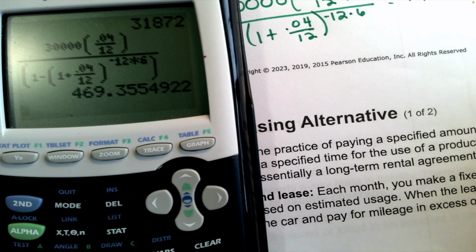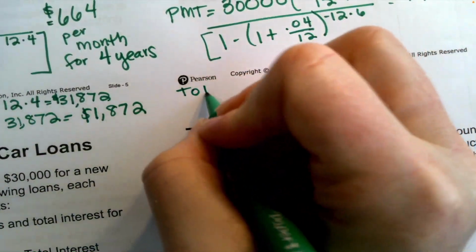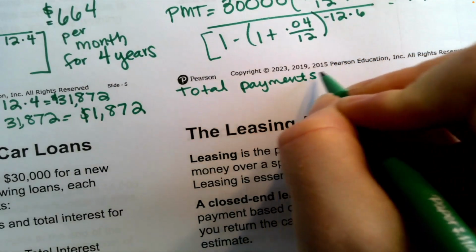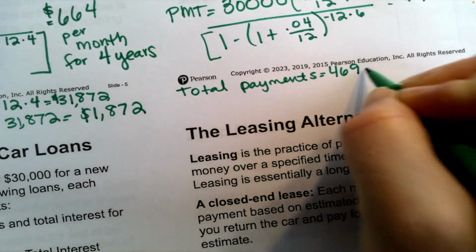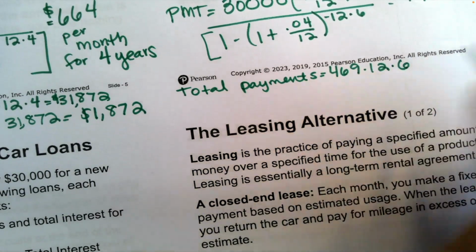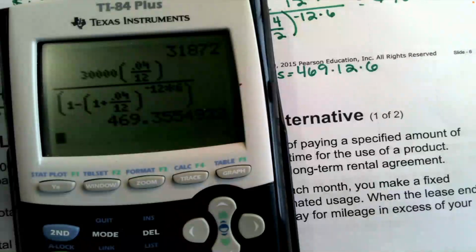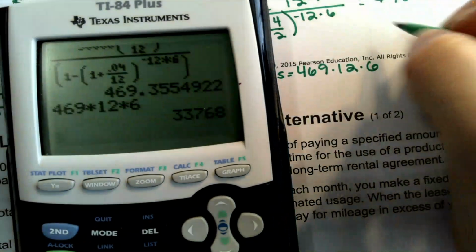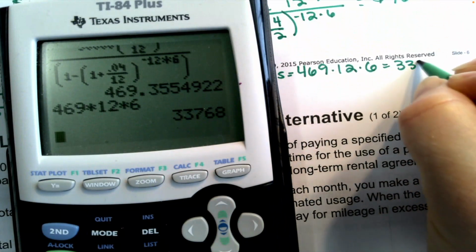Now we also need to find the total interest. So we're going to do the same thing. Total payments: 469 times 12 times 6. $33,168.